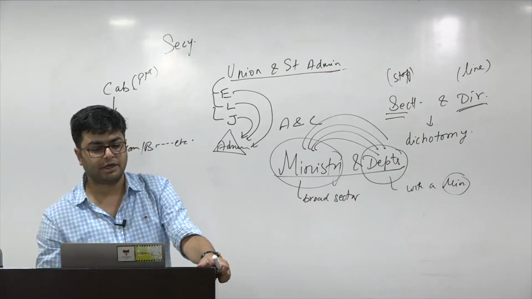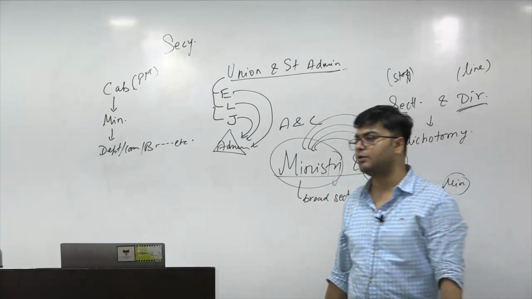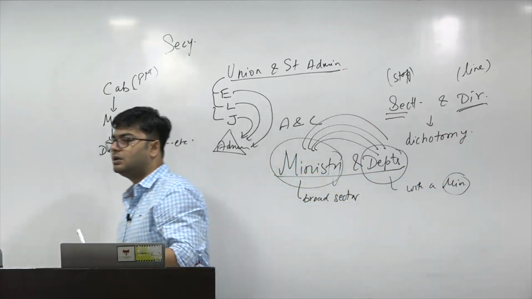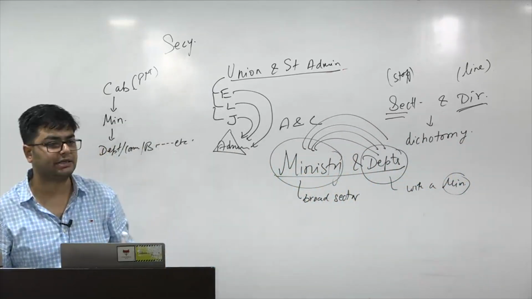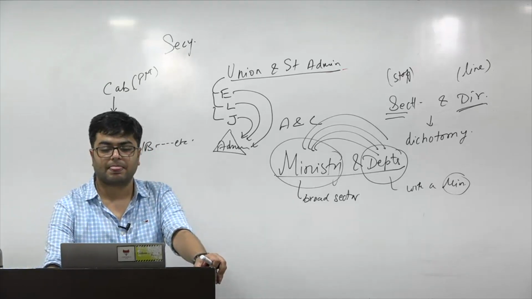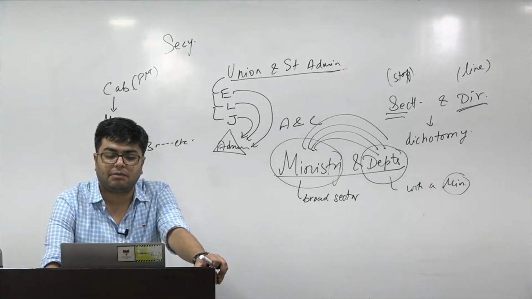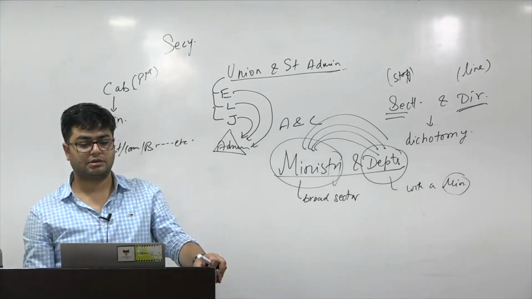Okay. Similarly, if we look at the state government and topics like union-state relations, I told you that there are trends like competitive, cooperative and collaborative. The center-state relationships have multiple dimensions.